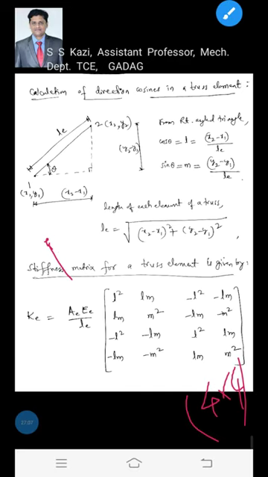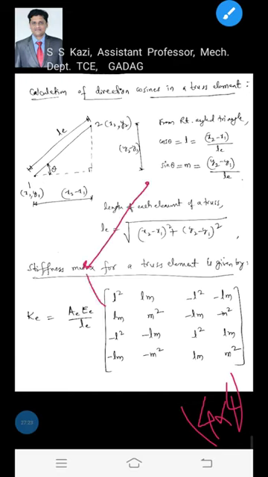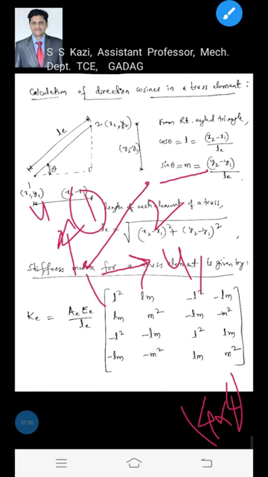For different problems on bars, we used the stiffness matrix formula AE by L times 1 minus 1, minus 1 1. The order of the matrix was 2 cross 2 only, but here it is 4 cross 4 for a single element of a truss, because at each node we have two unknowns: at node 1 the x component and y component of displacement, at node 2 the x component and y component of displacement.